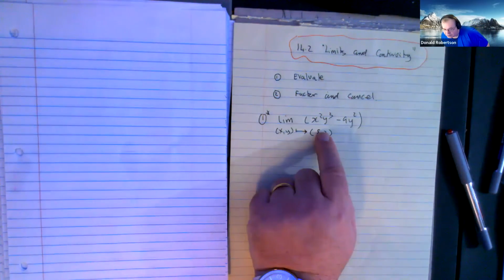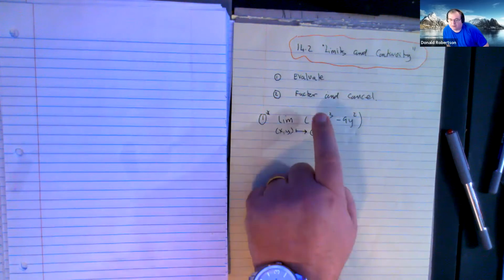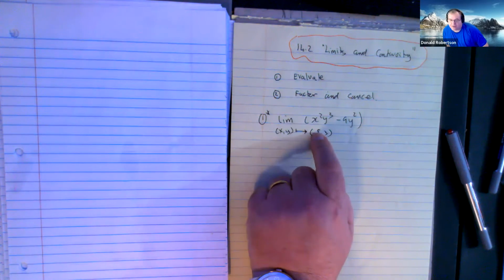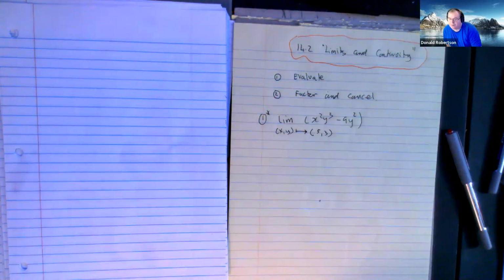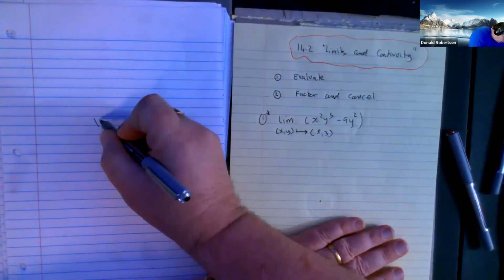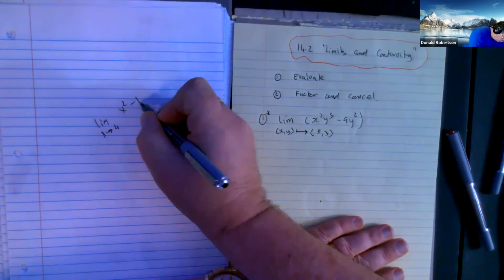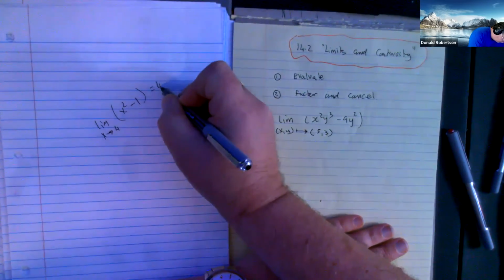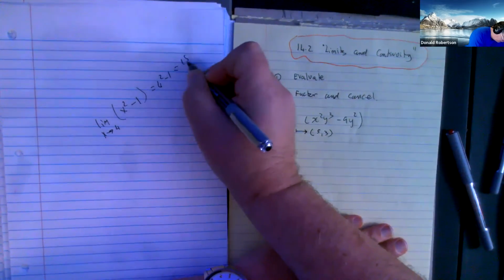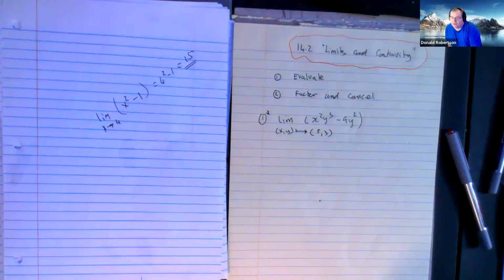Don't overthink these limits. If you can plug in x is 5 and y is 3 and get an answer, won't that be the limit? You know, somebody went and said to you, what is the limit as x tends to 4 of x squared minus 1? Wouldn't you just say, well, 4 squared take away 1 is 15, the answer's 15. I know that's a way back in Calc 1, and you'll probably never see just one of them because they're too easy, right?